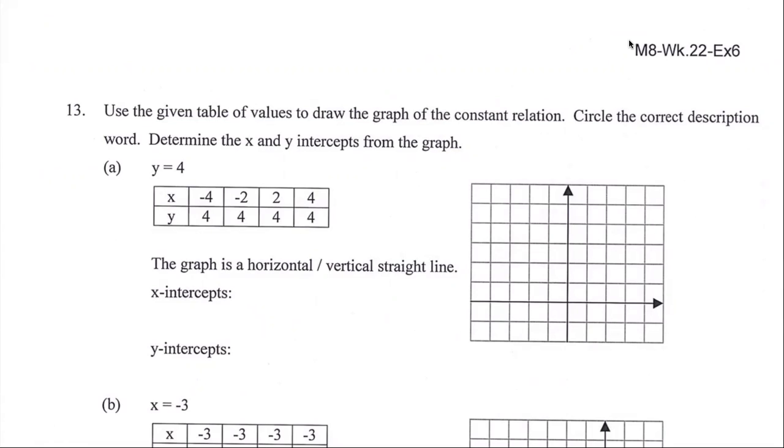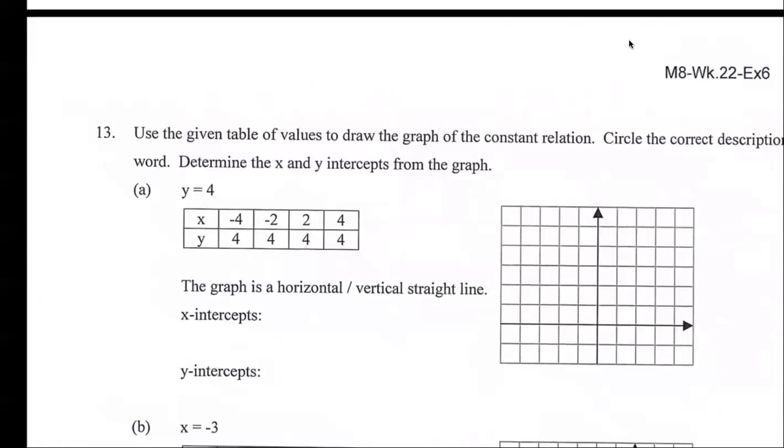Okay. So y is equal to 4. We've seen horizontal straight lines and vertical straight lines, right? But okay, let's do this again. So y is equal to 4. What does this mean? If the equation is y is equal to 4, that means all the points on the straight line have the same y value.